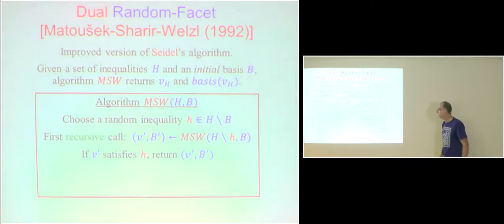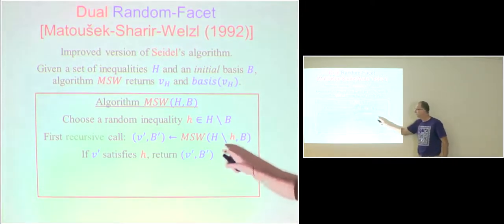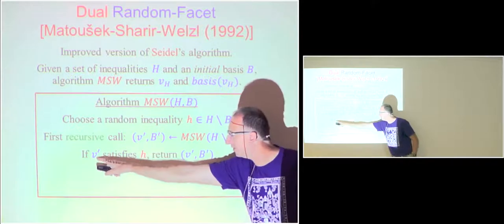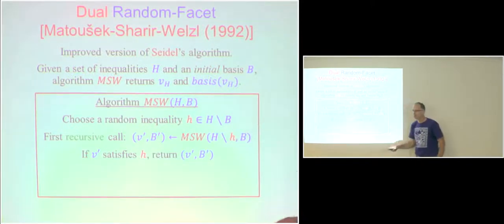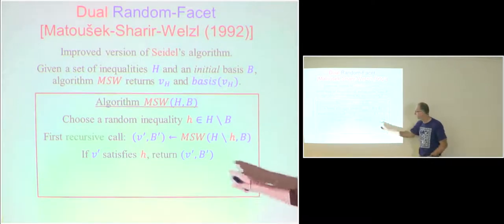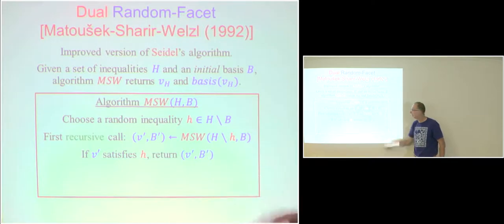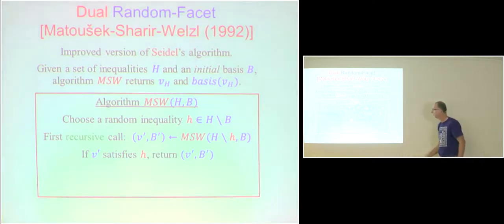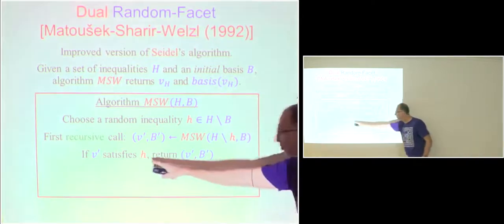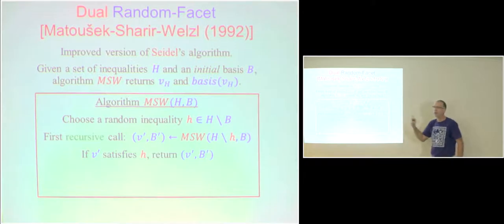Now if the solution we got, the vertex v prime, satisfies h, then we are done. This is also the solution of the whole problem, so we just return the pair v prime, b prime. Otherwise, what do we do? What did Seidel do? Seidel took this inequality and turned it into an equality.